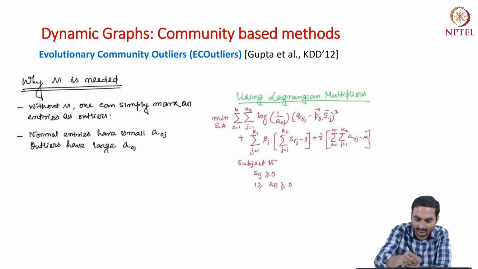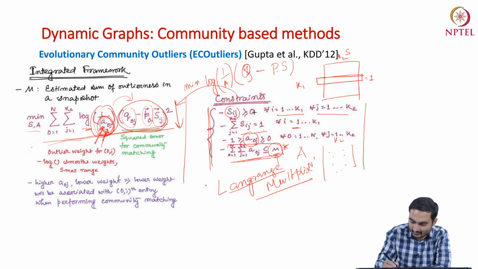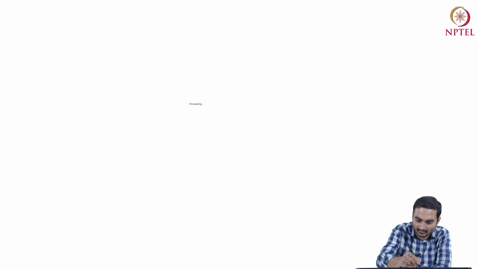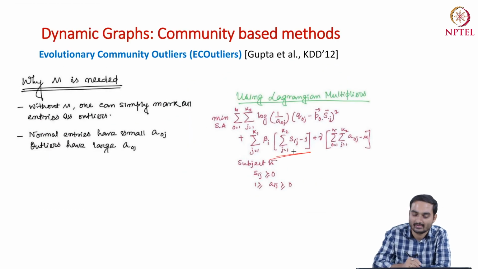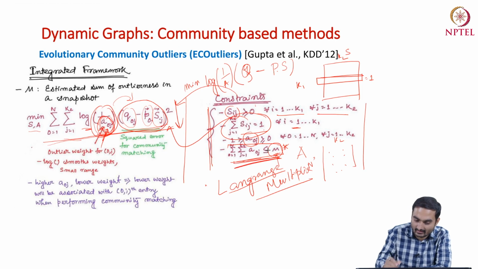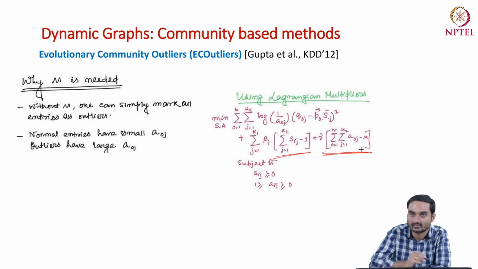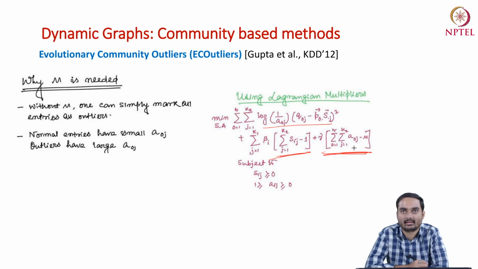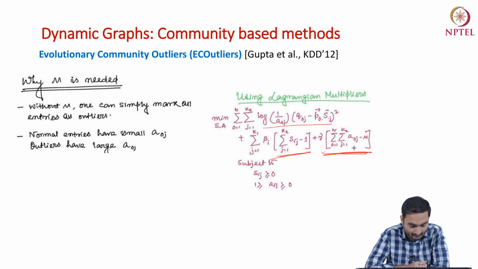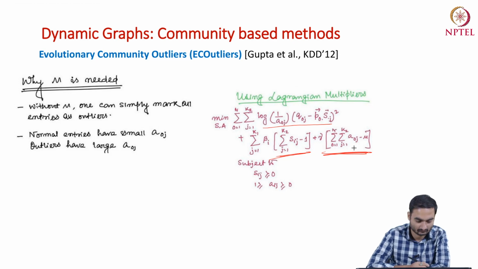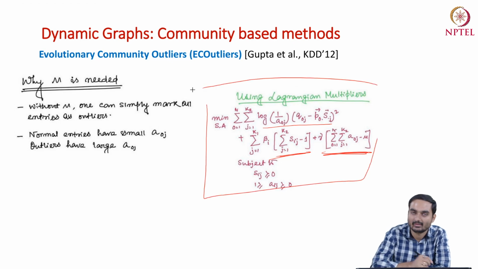So, we see here that this one has been moved to the objective function here, and the last one has also been moved to the objective function. So, this was the old objective function, and now these are two other constraints that have been added to it. We now want to minimize this. How do we minimize it?